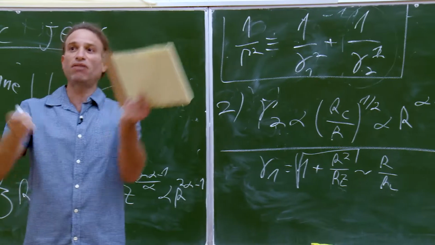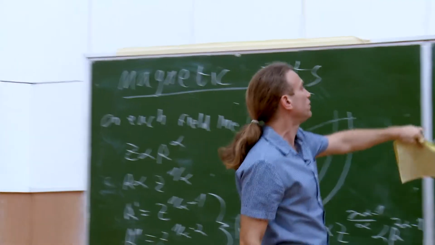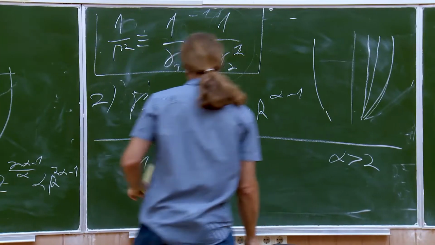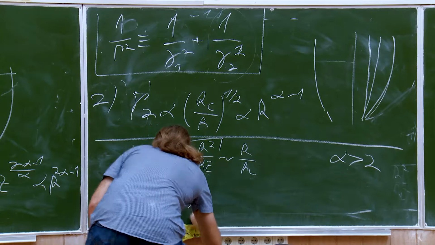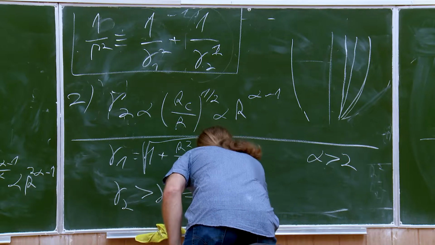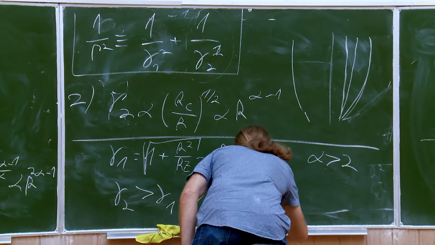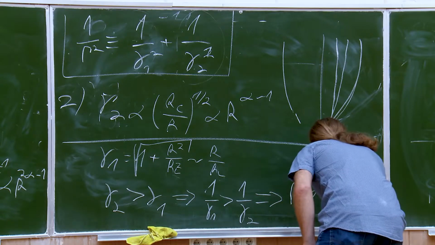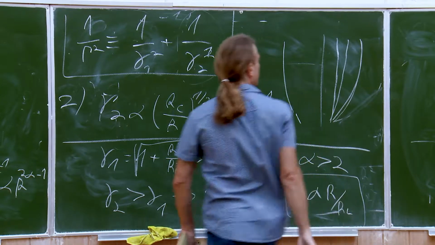So when jets are very narrowly collimated, I am always within this regime. And gamma j will be proportional to R divided by RL, because this is the first acceleration regime.